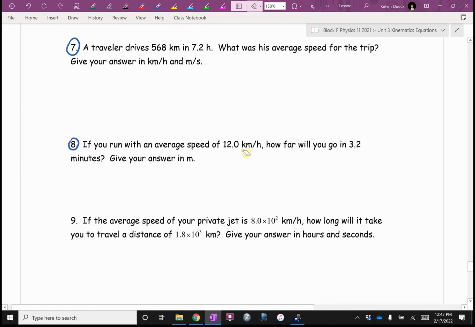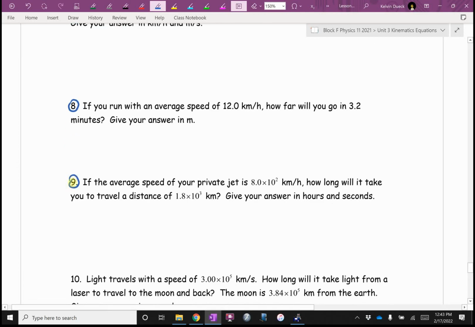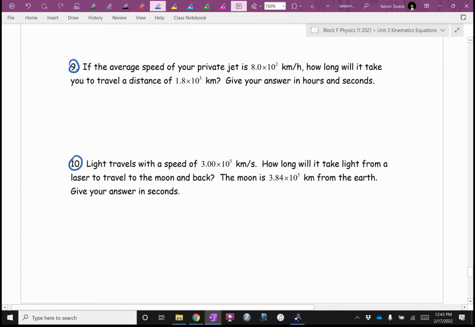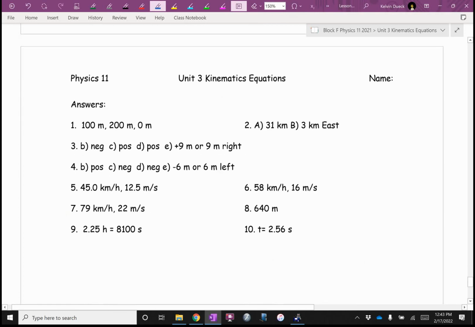I think what I would do is I would convert this to meters per second, something to do with a 3.6, and I would convert the 3.2 minutes to seconds. If you have meters per second and seconds, you will get an answer in meters. I would probably do it that way. Number 9 is fair game. Number 10 is fair game, and I did attach the answers so you can check your answers as we go.